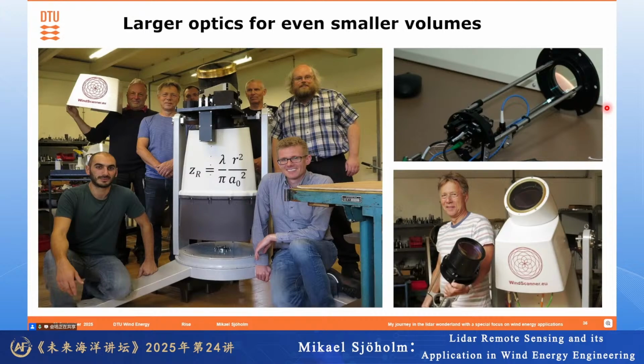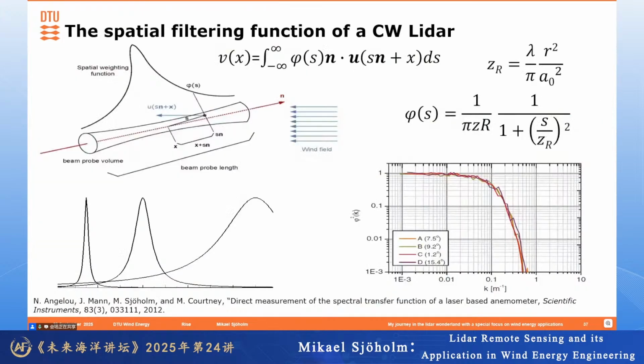So we have this quite big one. This is 6-inch optics, and that means that we can reduce the sampling volume. And if you look at this Rayleigh range again, we can also understand that by reducing the distance to the measurement point, you reduce the measurement volume.